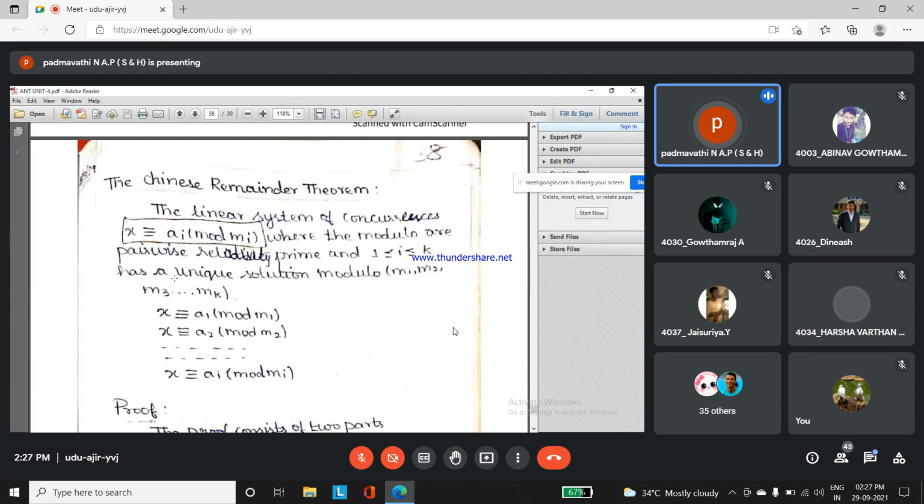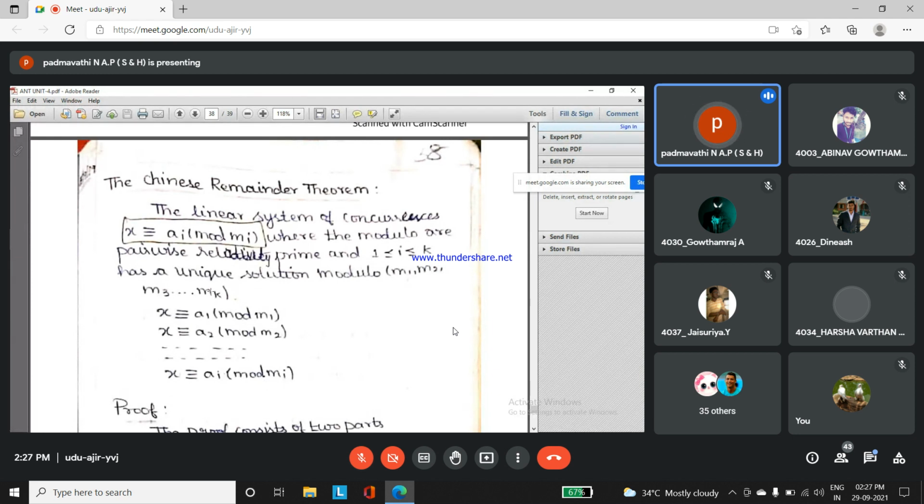Now we have to prove it has a unique solution modulo m1, m2, m3, etc., mk. The LHS does not vary; only the constants a1 mod m1, a2 mod m2, etc., a_i mod m_i vary.